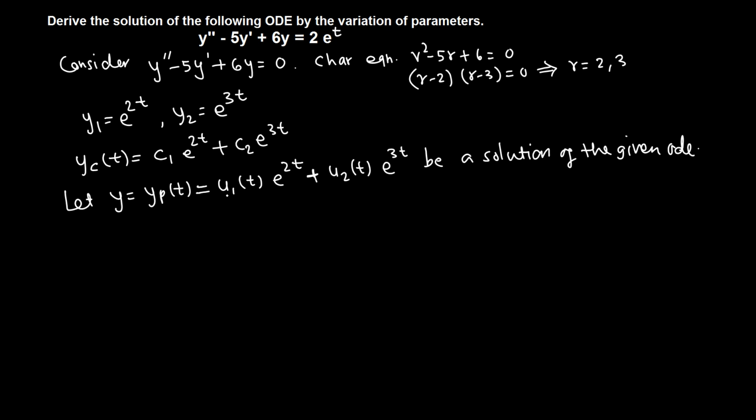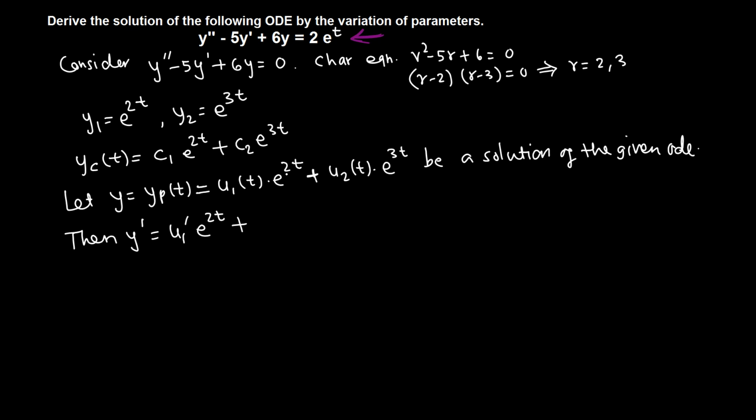Now to determine u1 and u2, we plug this y into the original ODE, where we have y, y prime, y double prime. So we need to find y prime and y double prime. Let's find y prime, the derivative. We have a product of two functions here plus u2 times e3t, another product. So let's use the product rule: derivative of the first factor times the second, plus the other way around, derivative of the second times the first.